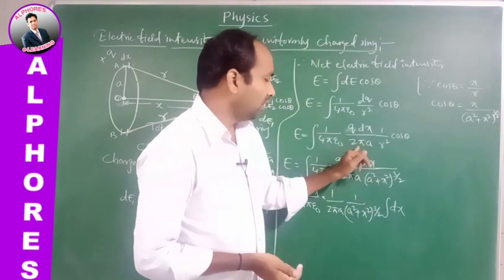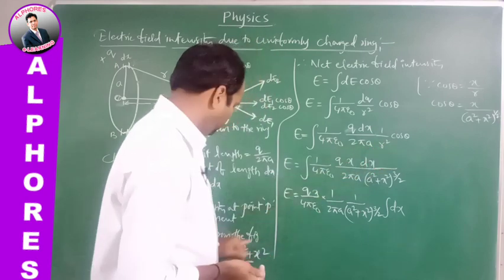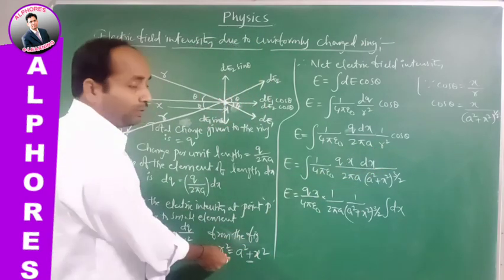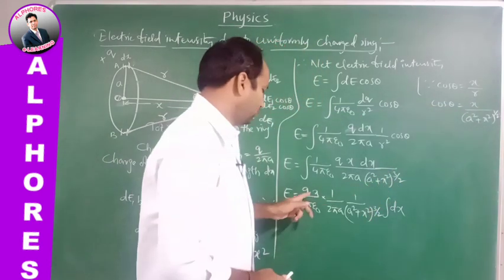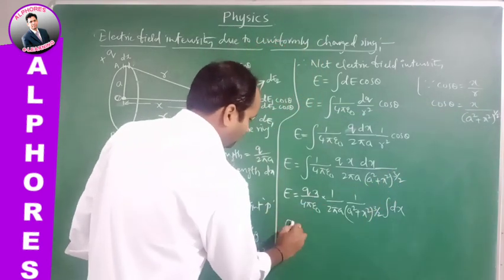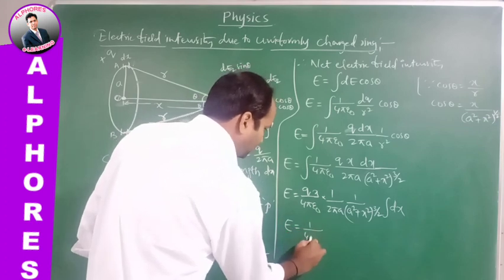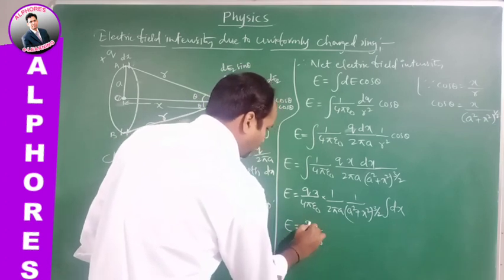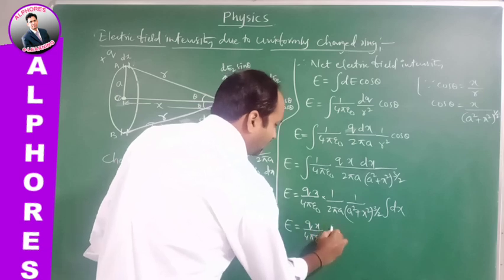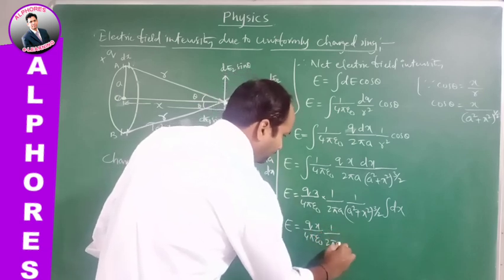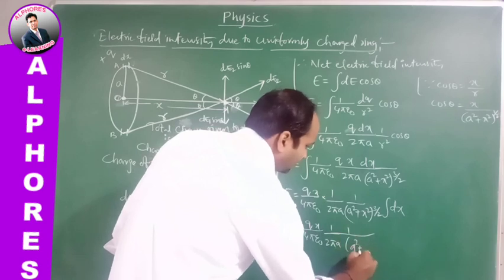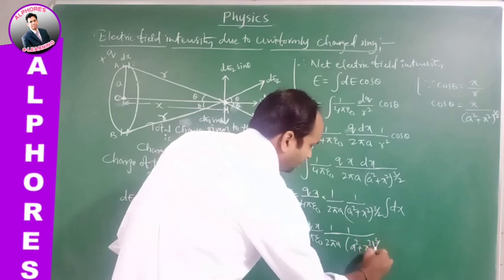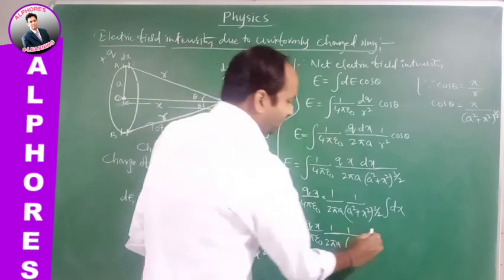Already r square is (a square plus x square) whole power 1, so 1 plus 1 by 2 gives 3 by 2. Now E is equal to 1 by 4 pi epsilon naught, q x by 2 pi a, 1 by (a square plus x square) whole to the power of 3 by 2, integration of dx.